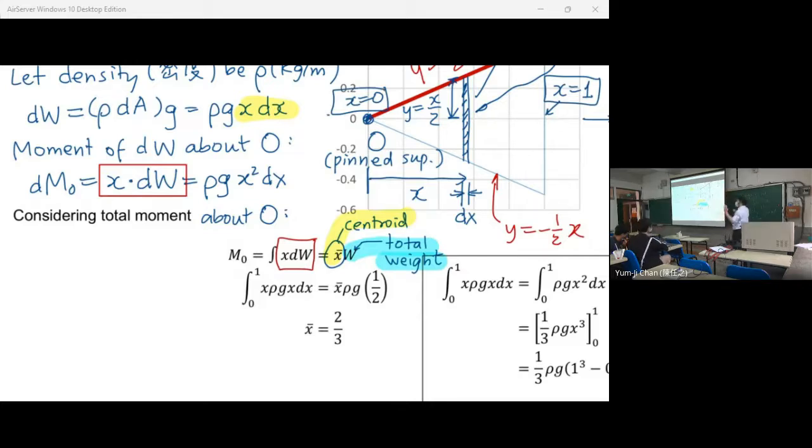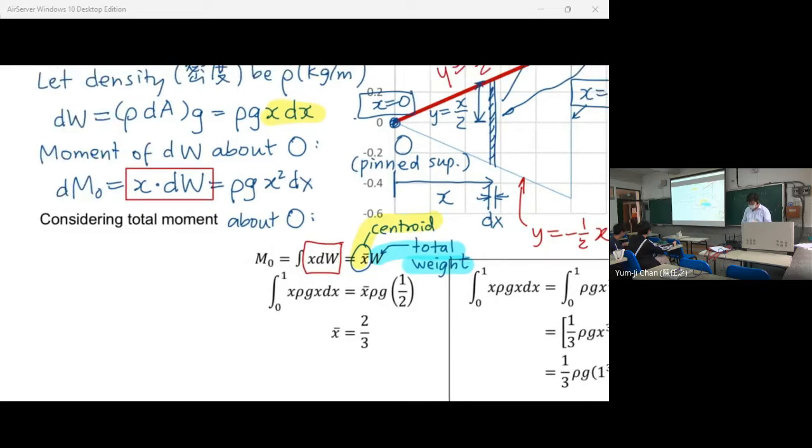So we only do integration between 0 and 1. And this is called a definite integral, the kind with upper and lower limits.